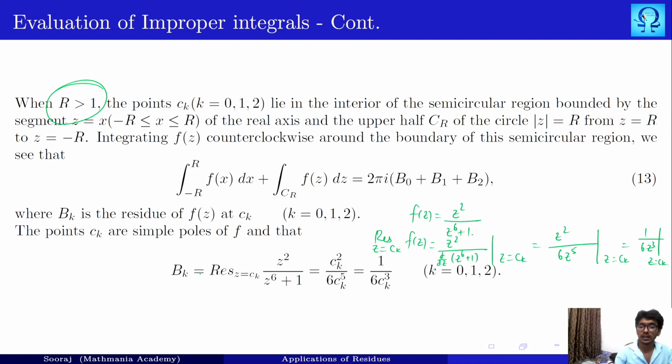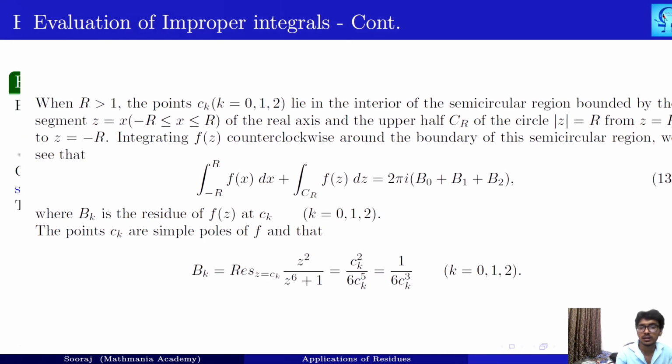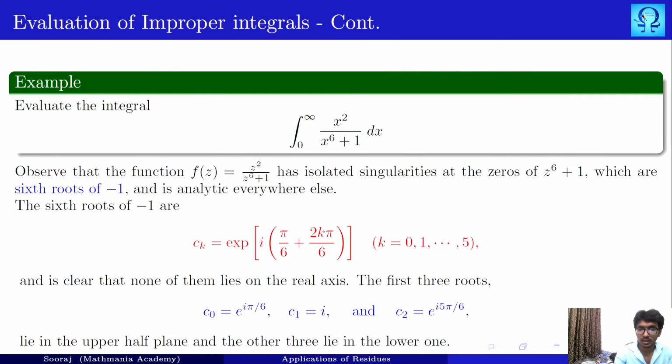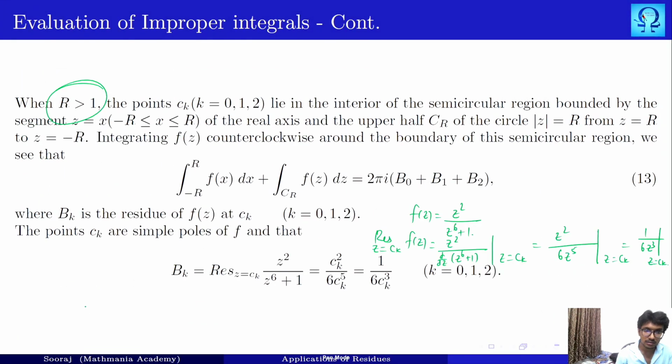Now we'll have to evaluate ck. We have c0 is e to the power i pi upon 6. Let us evaluate c0 cube, that would be better, I guess.